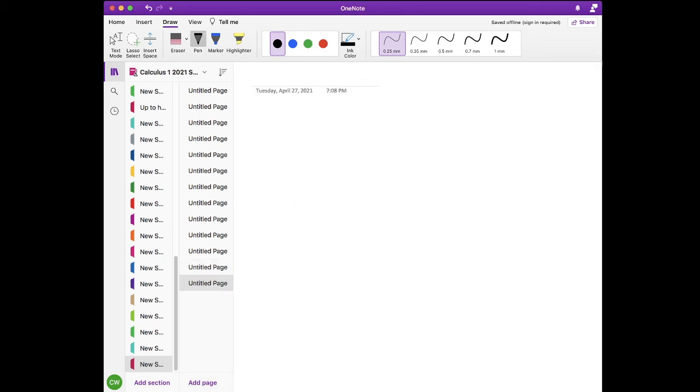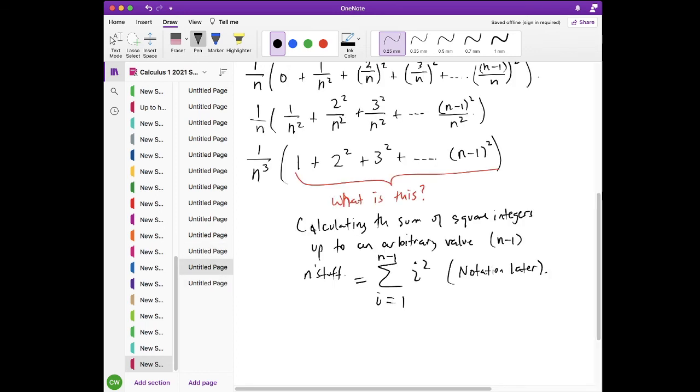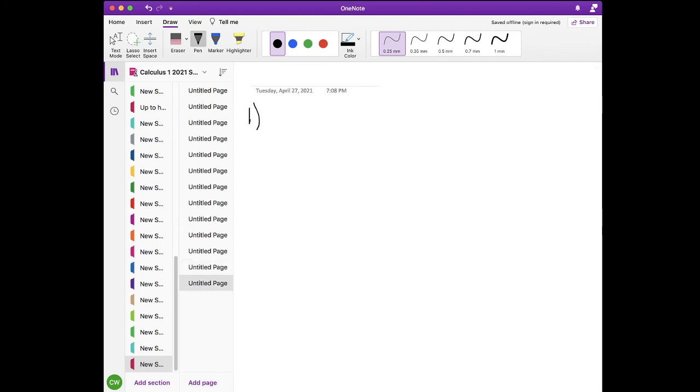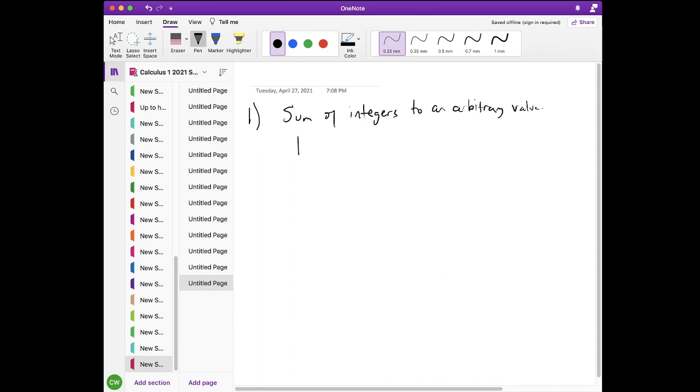So first, to start talking about the sum of square integers, we want to first start talking about the sum of integers to an arbitrary value. What I mean is 1 plus 2 plus 3, keep on going, plus n.